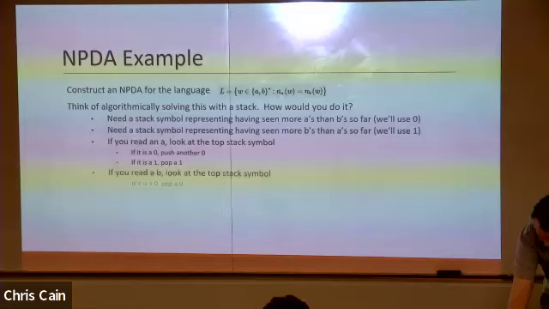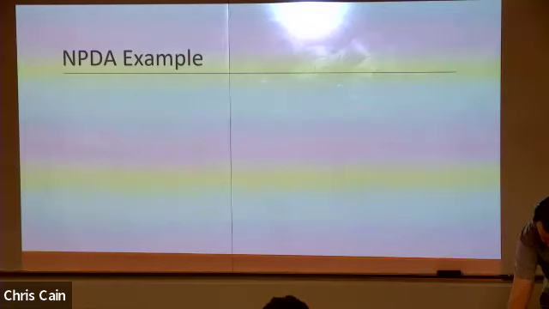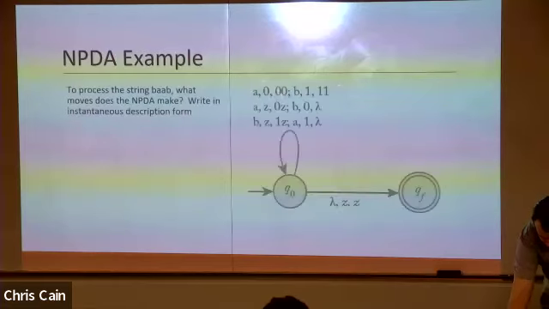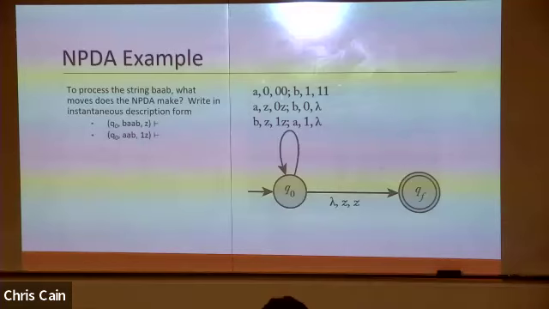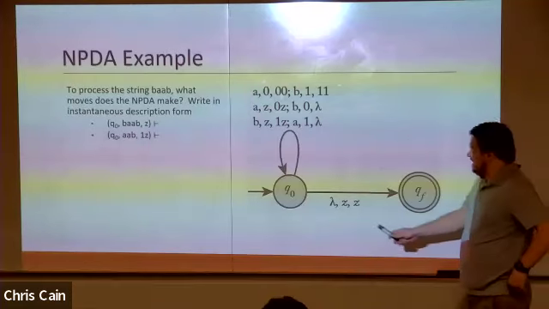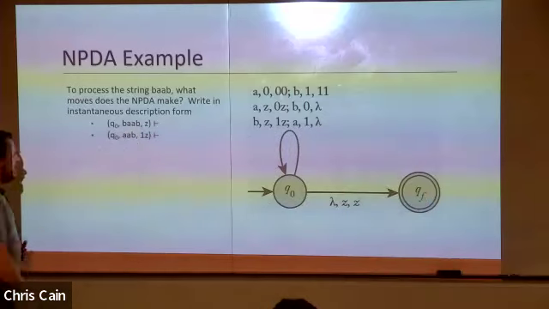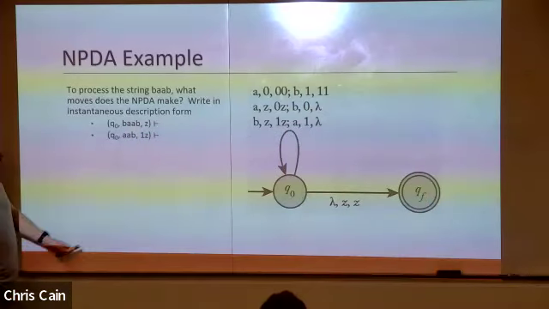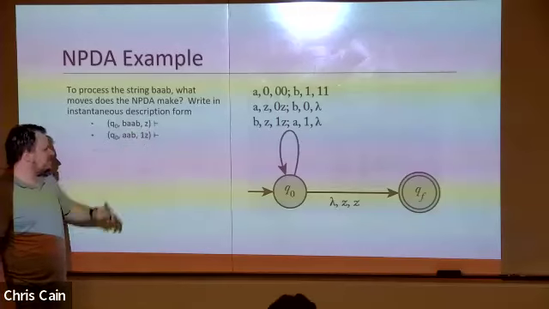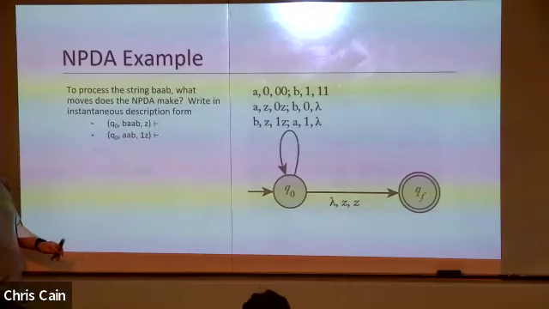I'll do the first couple. We start in state Q0. The unread portion of the string is BAAB, and the stack contains just the bottom of stack character Z. After the first transition, we're not keeping track of what we've read.